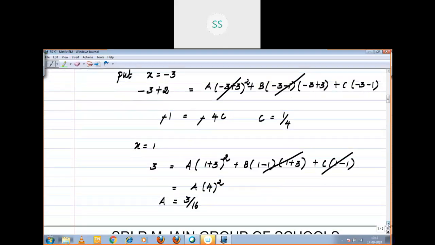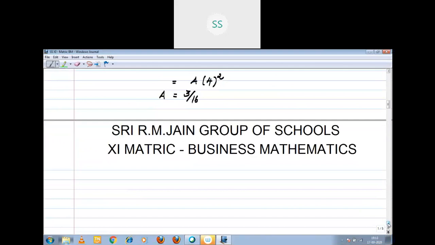Now I am going to substitute x equal to 0. If I substitute x equal to 0, I can get the value of b. Then the left hand side becomes 2. Right hand side, you see: a into 3 square plus b into 3 into minus 1 plus c into minus 1.